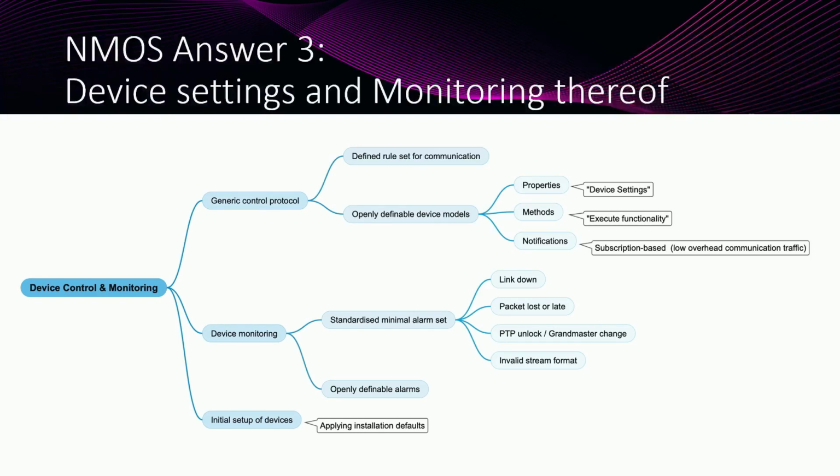As a manufacturer, you can basically model all of your products and parts of them inside that spec. And any device model distinguishes between properties, so settings. It allows you to call what they call methods, so execute functionality. I always use the example of hitting a play button on a machine. That would be a function call, a method.